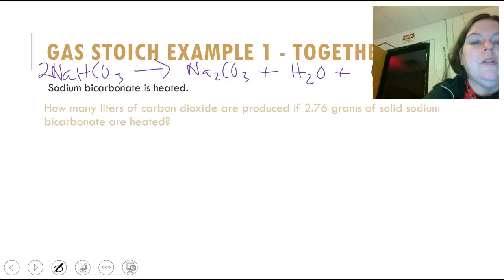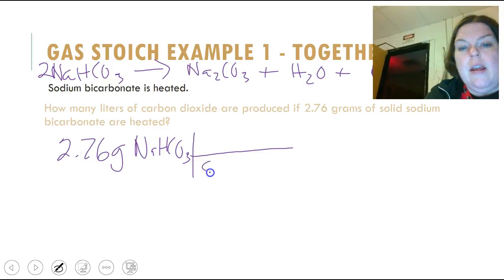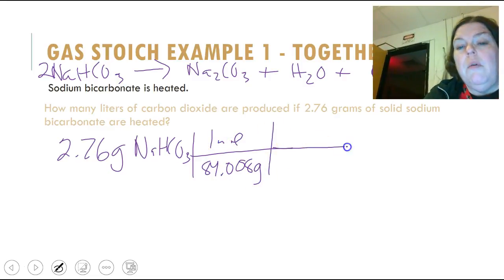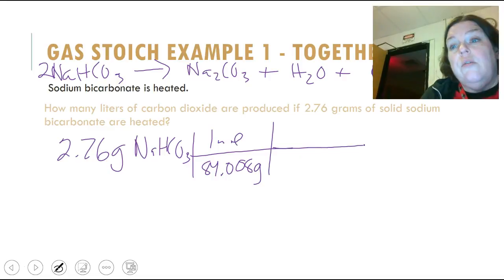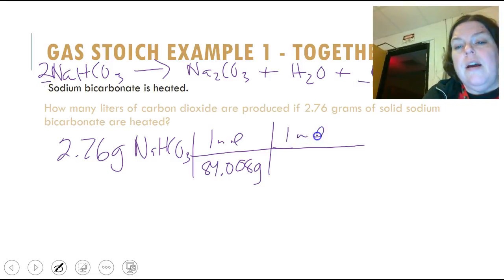So here we go. 2.67 grams of sodium bicarbonate. We're going to change that to moles by 84.008 grams over 1 mole. Then we have moles of something, so now we can do the stoichiometric ratio, the mole ratio. We have 2 moles of the bicarbonate to 1 mole of carbon dioxide, so 1 mole of carbon dioxide goes on the top and 2 moles of the bicarbonate goes on the bottom.